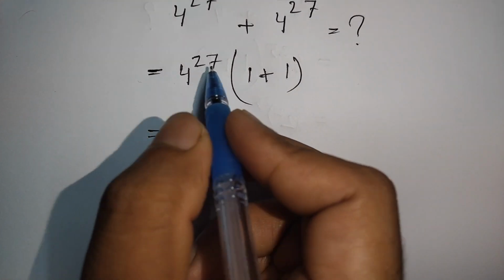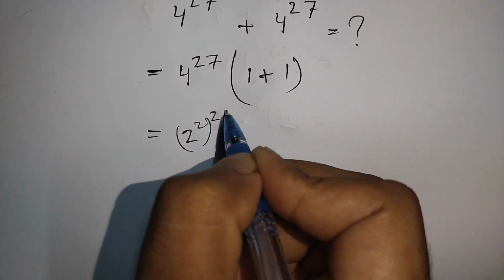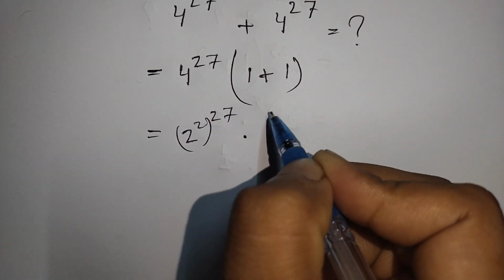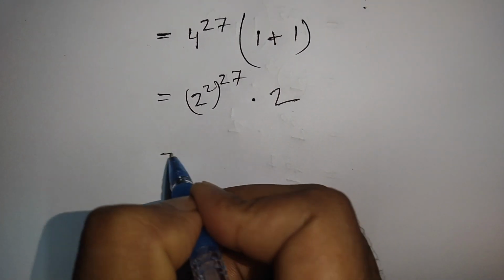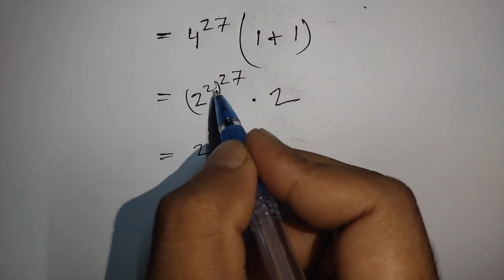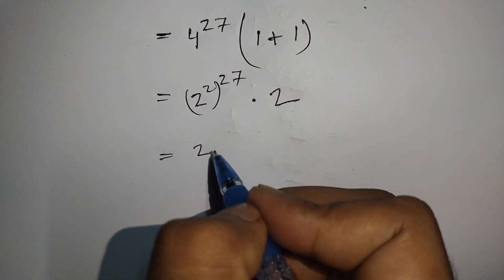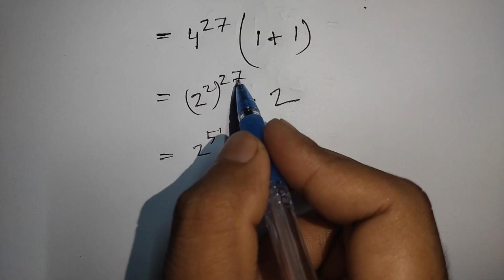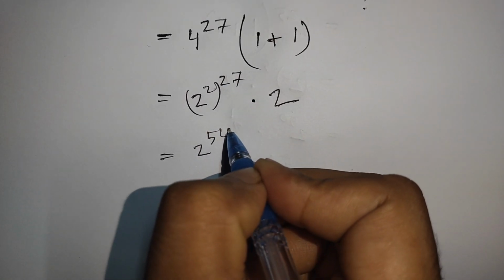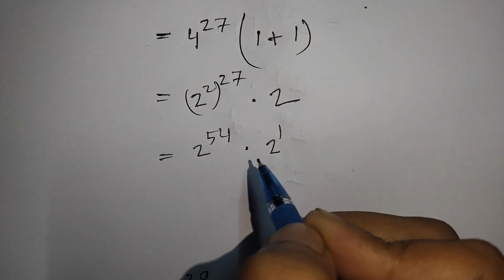Now 4^27 is the same as 2^(2 times 27), times (1 plus 1), that means 2. Now 2^(2 times 27) is the same as 2^54, times 2, which is 2^1.